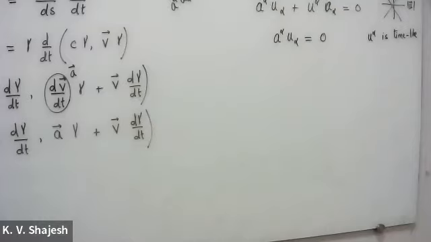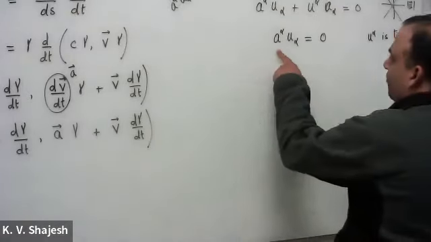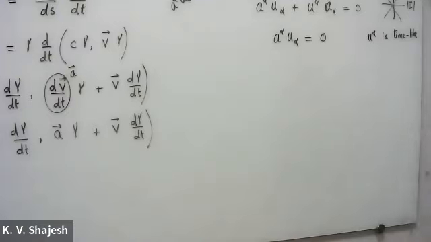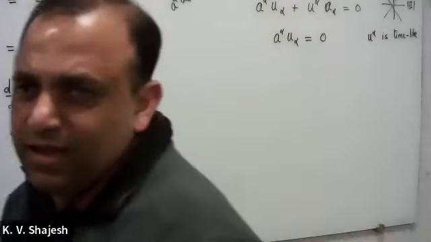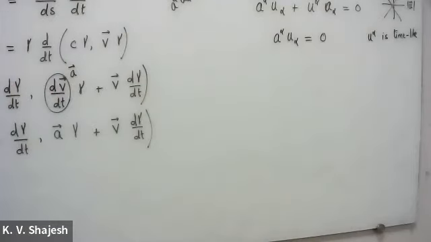But then what does it mean to say that a alpha u alpha is equal to 0? Now, notice these are the tricks you use in relativistic physics.